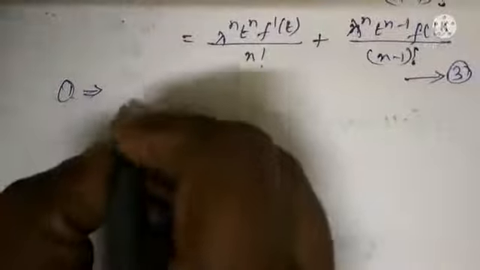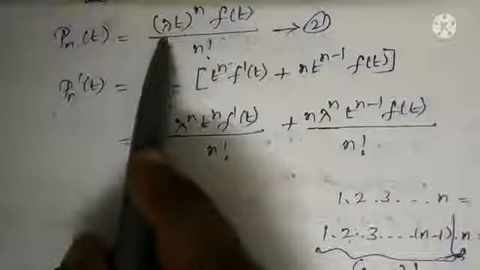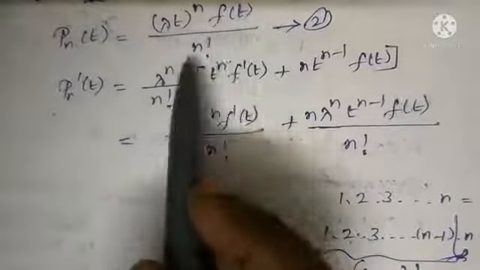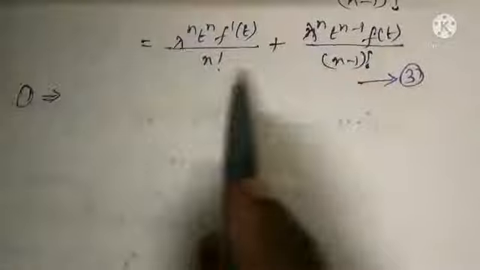First equation becomes, what is Pn of t? Pn of t is lambda power n t power n f of t by n factorial. What is Pn dash of t? This one. First equation, left hand side Pn dash of t.